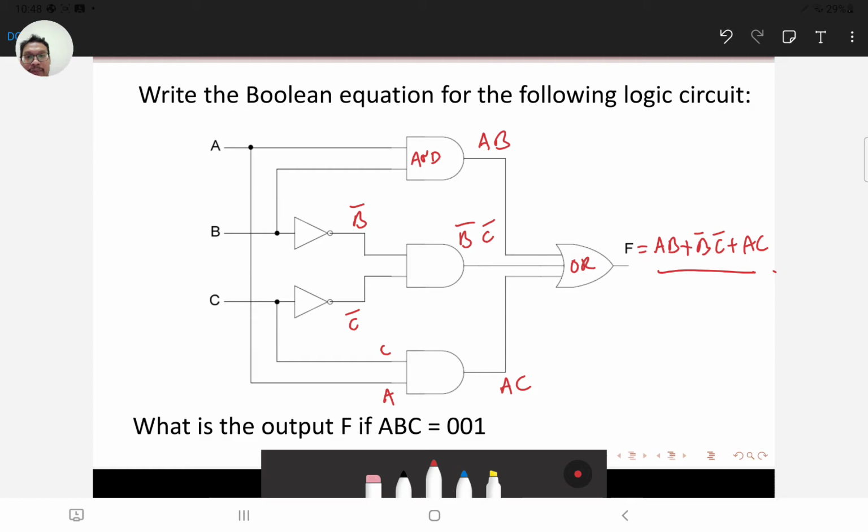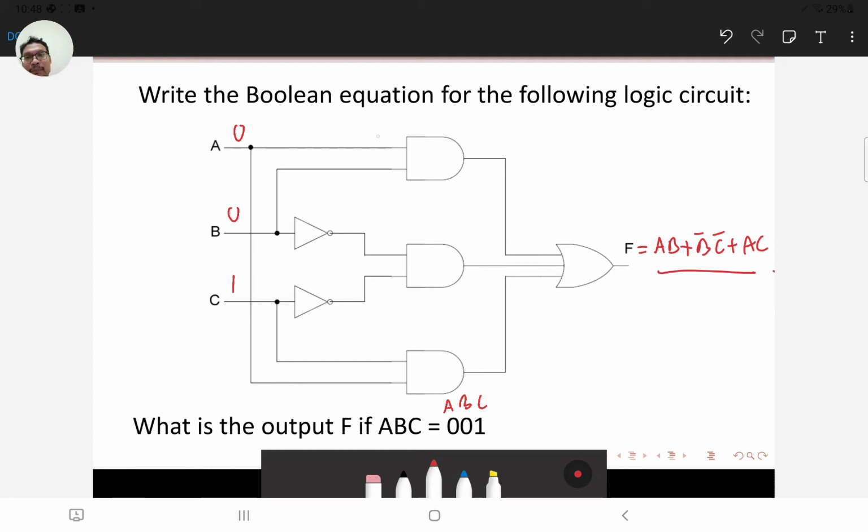So if we apply 001, this is our A, B, C. So A is 0, B is 0, and C equals 1. What is going to be the output F? There are two ways to analyze this. The first one, we look at the output of every logic gate.